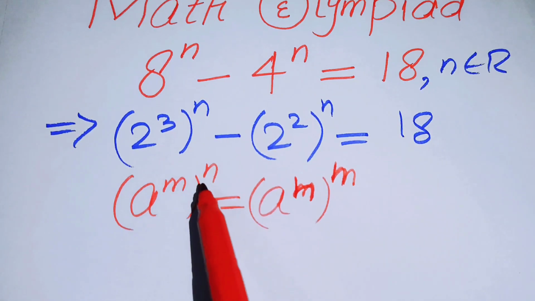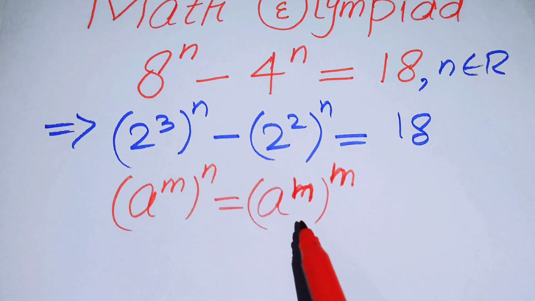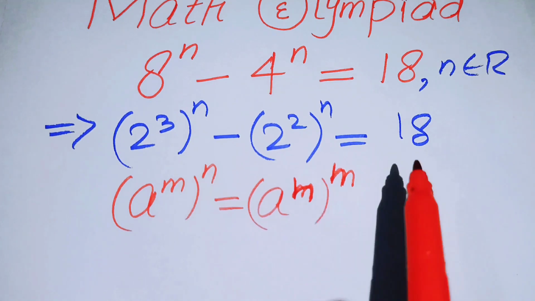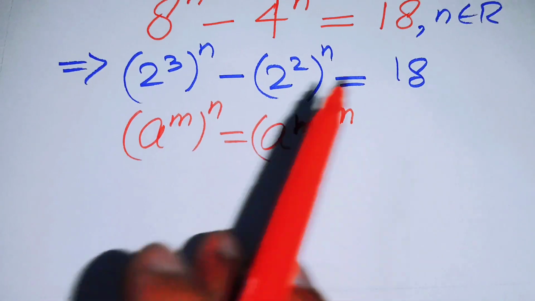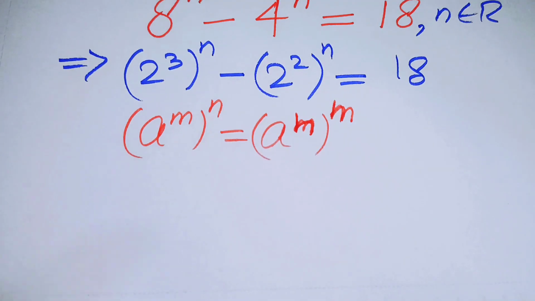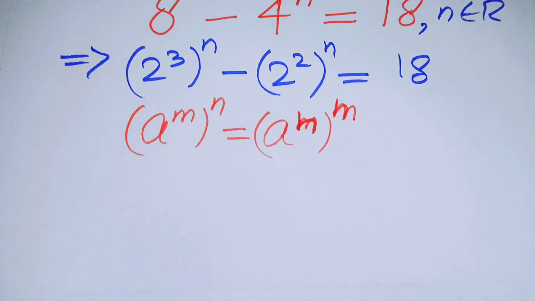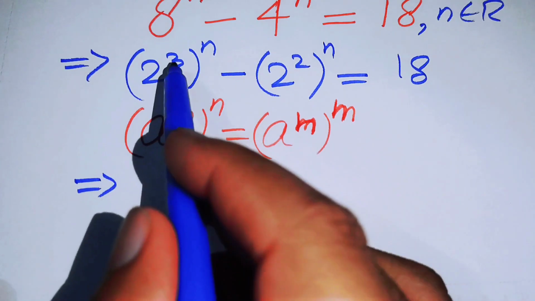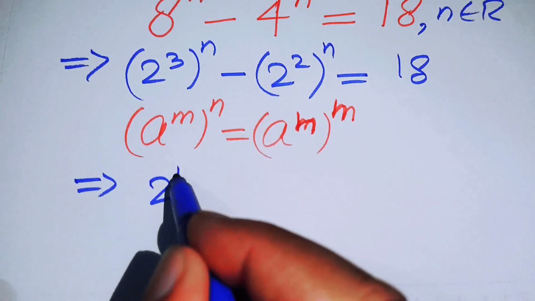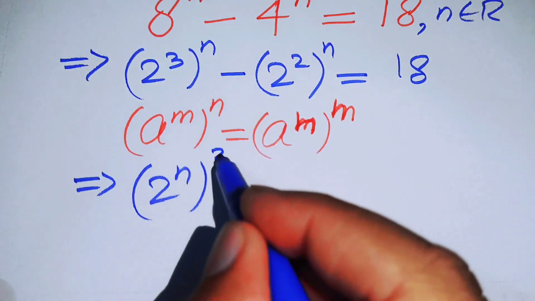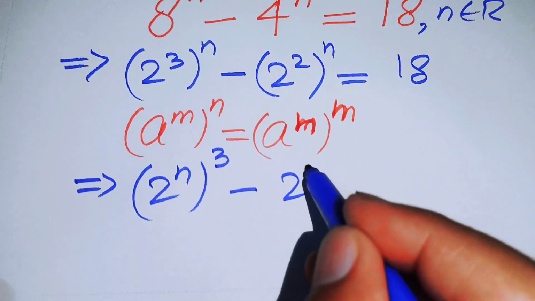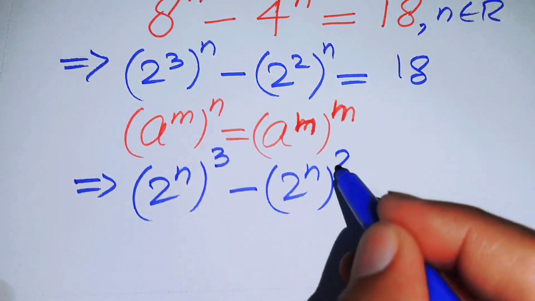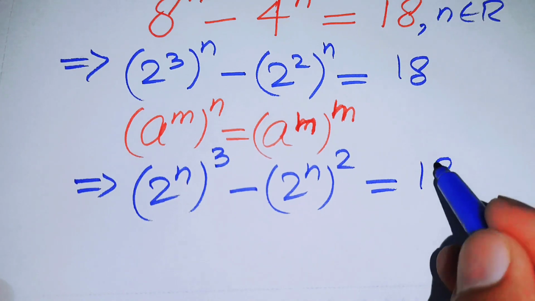If we interchange these two exponents, it does not change the answer. So here we need to interchange the exponents of these two terms on the left hand side, and you can write it as 2 to the power of n and its whole cubed, minus 2 to the power of n and its whole square, is equal to 18.